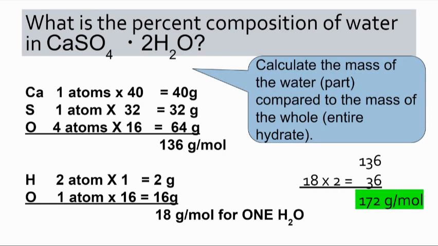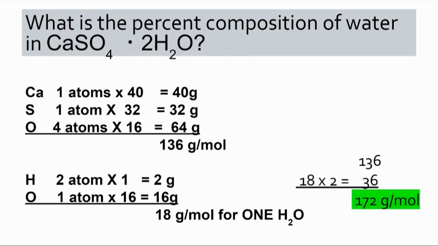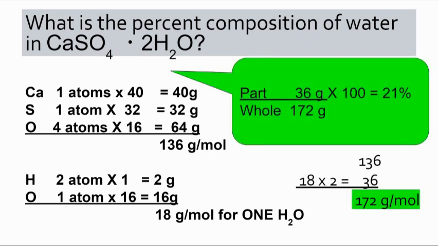So if we take the mass of the water portion, 36 grams, divided by the whole, 172 grams, and then multiply it by 100, we can see that we are 21% water in calcium sulfate dihydrate.